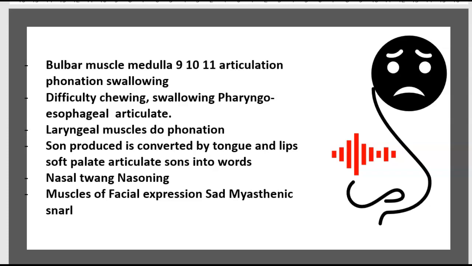Laryngeal muscles are responsible for phonation. Sound is produced and modified by the tongue, lips, and soft palate. In the case of myasthenia gravis, there is a nasal twang, which is nasolalia. And in the muscles of facial expression, there is the sad myasthenic snarl.